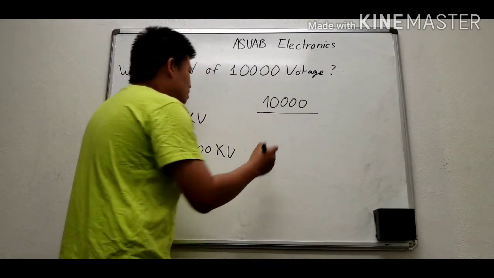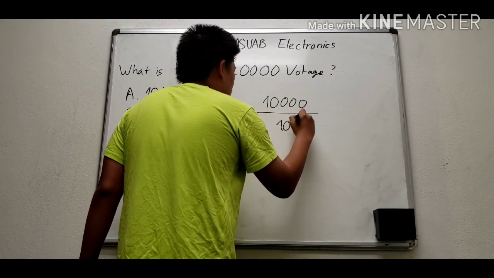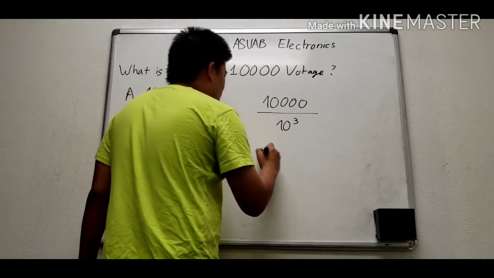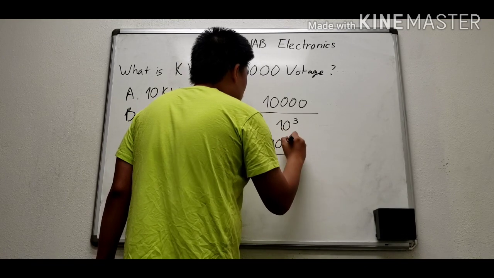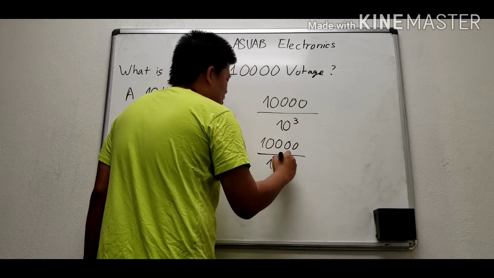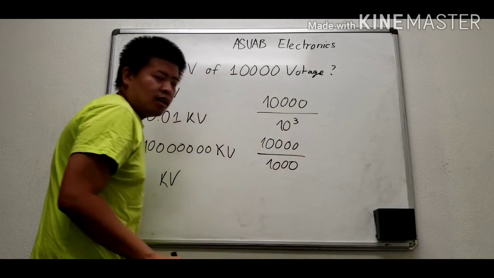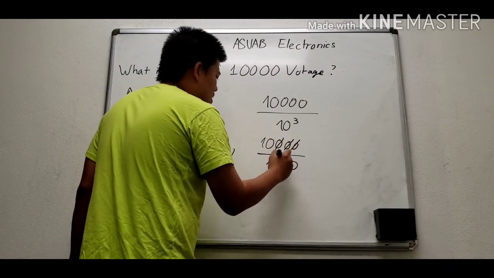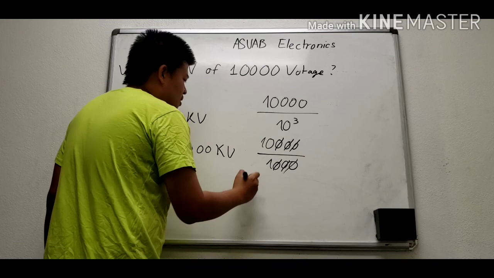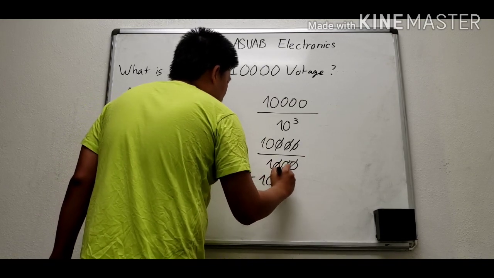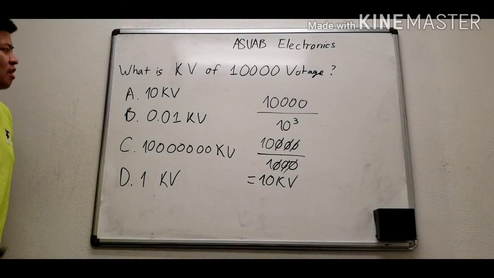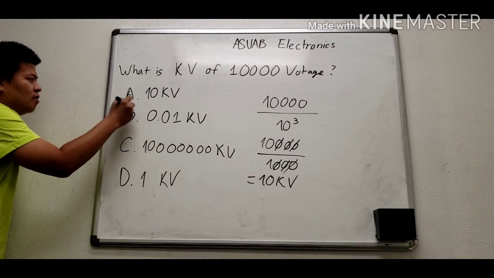Kilo is 10 power 3, which is 1,000. And 10,000 divided by 1,000, we just eliminate three zeros, and we get 10 kilovolt. So the answer for this question is A.